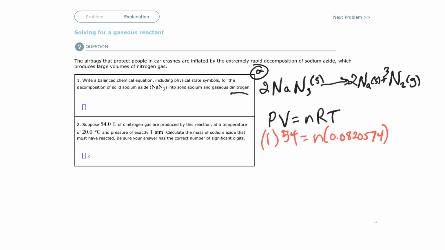I have 20 Celsius, so 293.15 Kelvin. All right, so get n by itself.